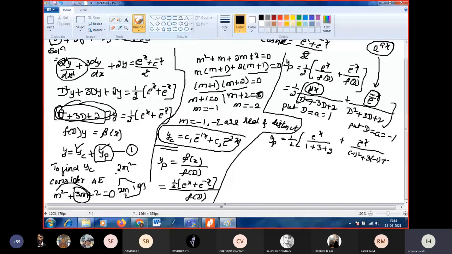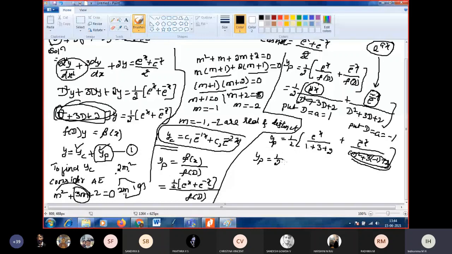Minus 1 square is plus 1, plus 2 is plus 3, plus 3 minus 3 is 0. Denominator we got 0. But in the first term the denominator is not 0.